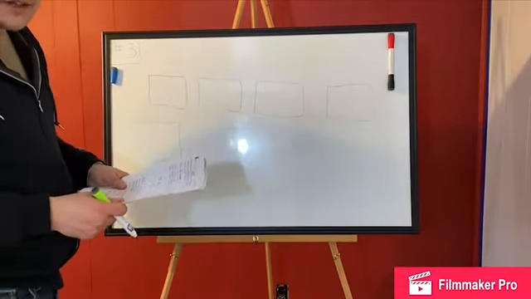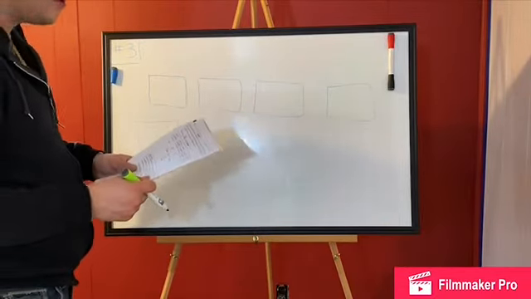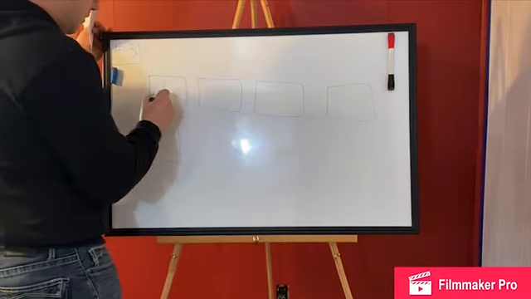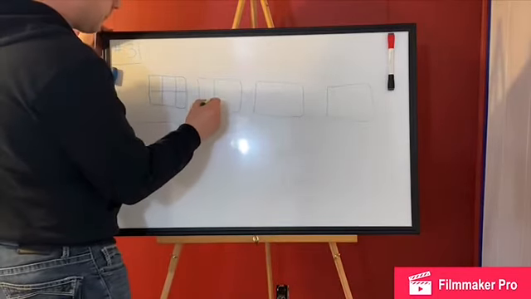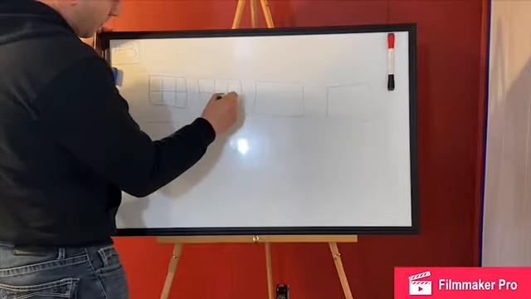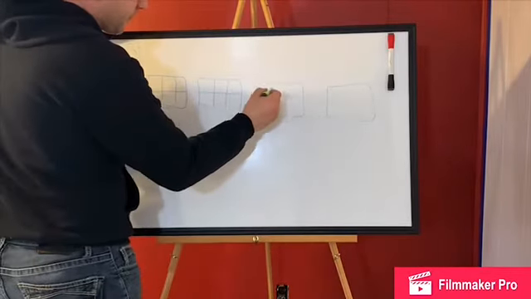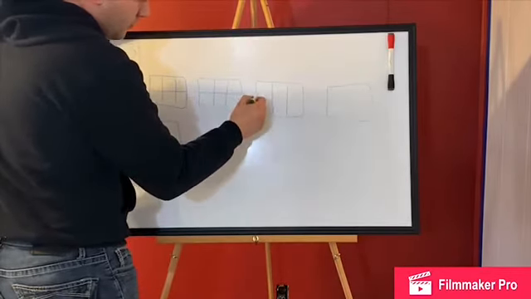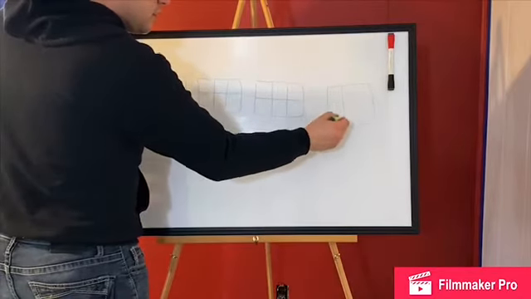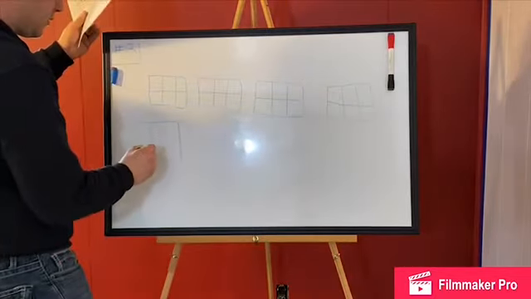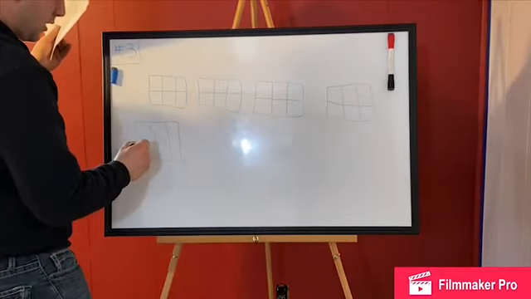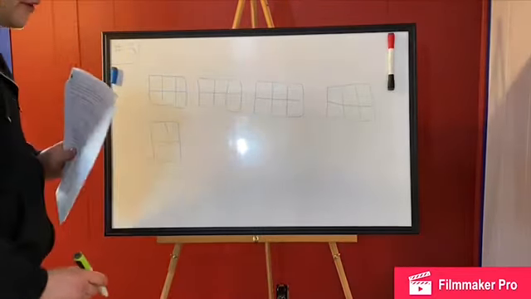And it tells us that there's 6 in each one. Got 6 in this one, 6 in that one, 6 in this one, 6 in this one, and 6 in this one.